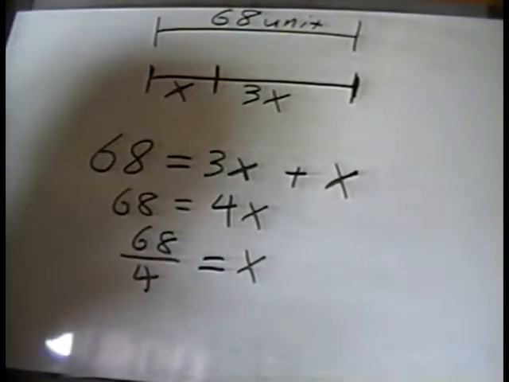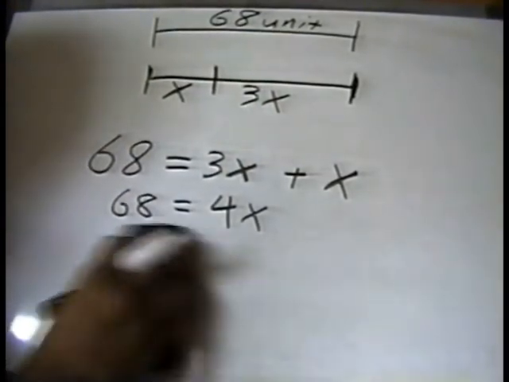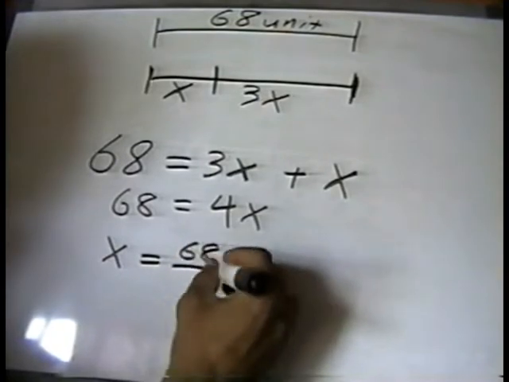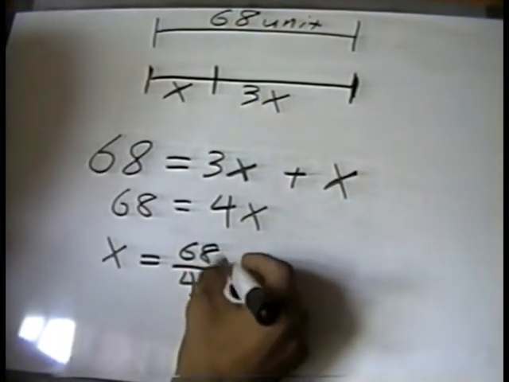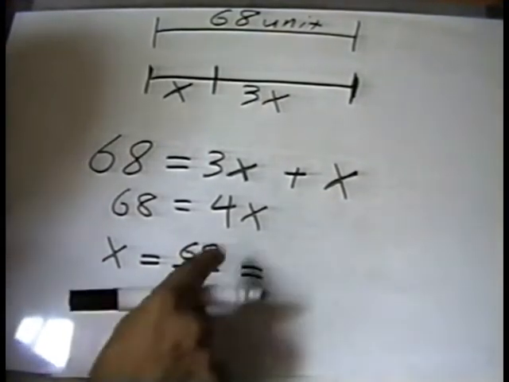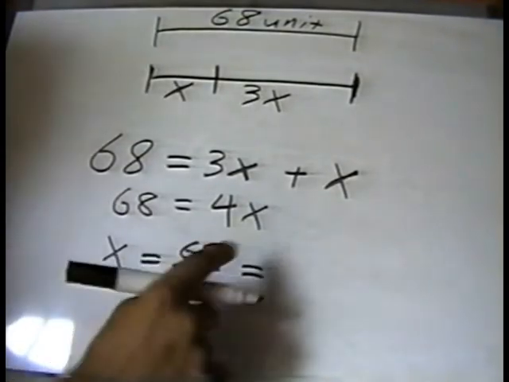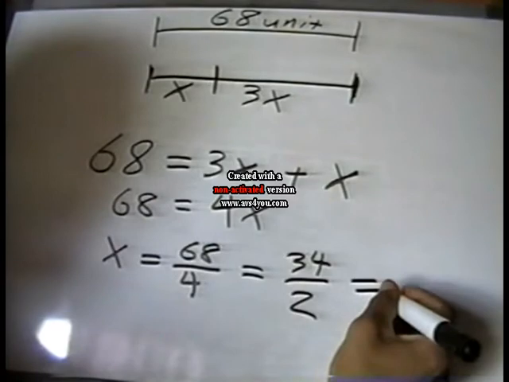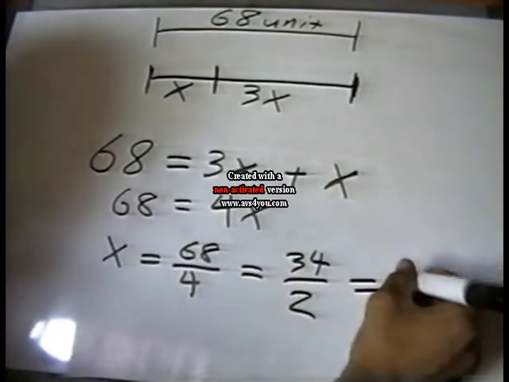Now that becomes 68 equals 4x. And you get 68 over 4. You divide both sides by 4. Now you can divide 68 by 4, or you can make it simpler for yourself. You can divide each part by 2.